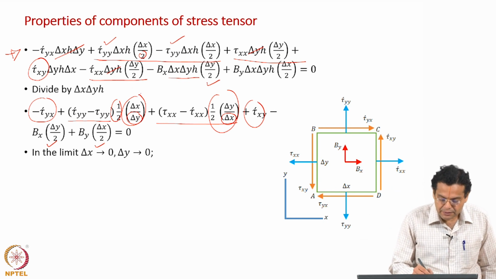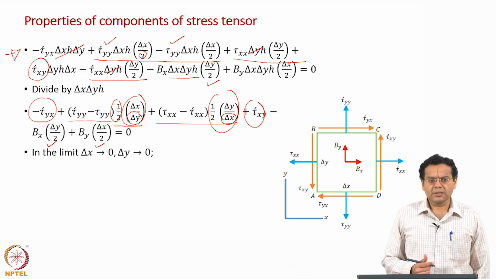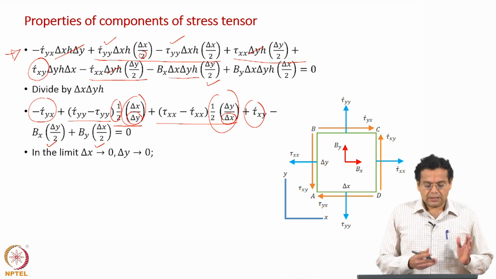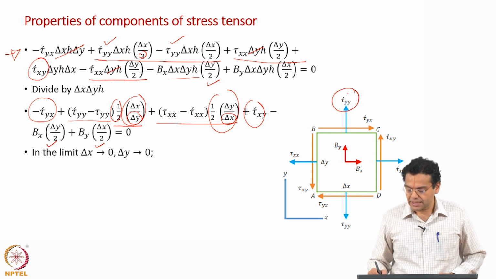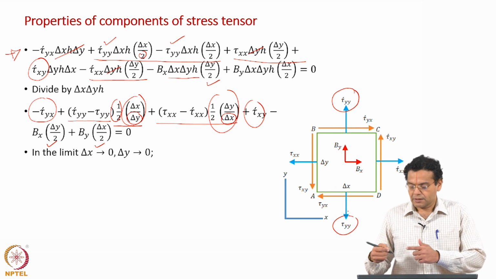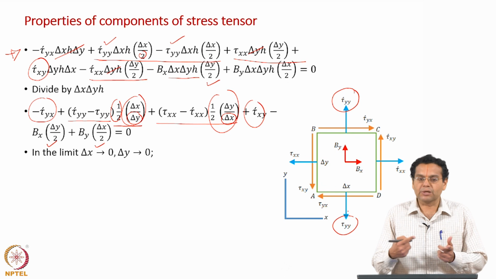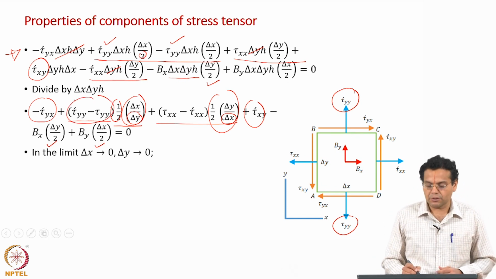So this is a finite term. We have proved in the earlier slide that tau dash y y is equal to tau y y. What are they? Normal stress acting on the opposite side of the same surface. We have proved that they are equal and opposite. So these two will cancel and become 0.